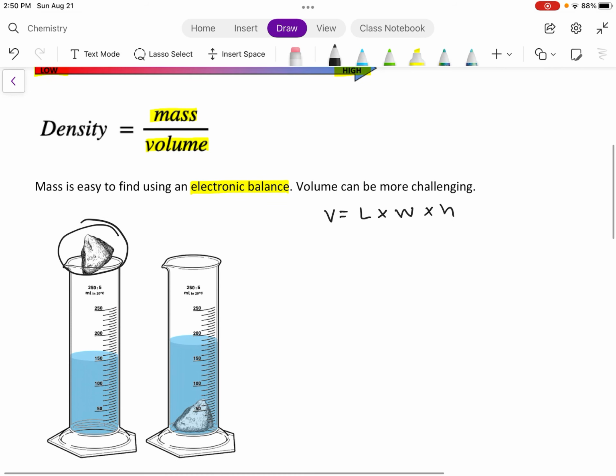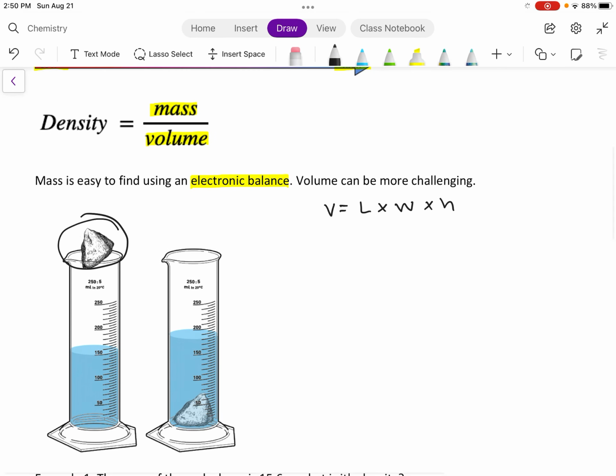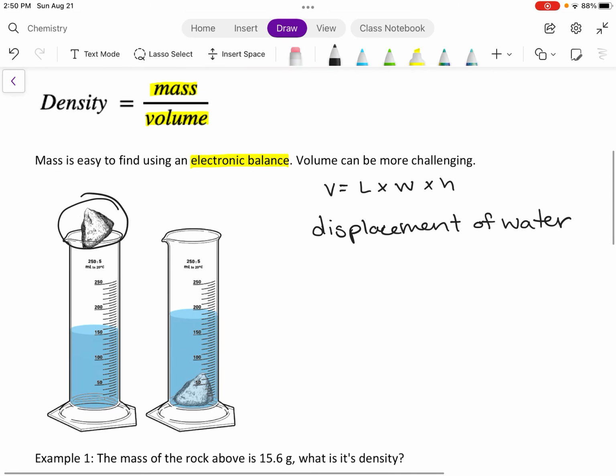You can't just measure it and calculate the volume. So we have to find the volume using displacement of water.